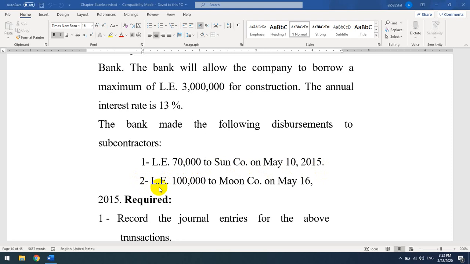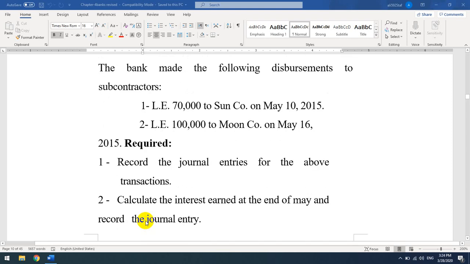Second disbursement, 100,000 Egyptian pound to Mon Company on May 16, 2005. Required: first, record the journal entry for the above transactions. Second, calculate the interest earned at the end of May and record the journal entry.